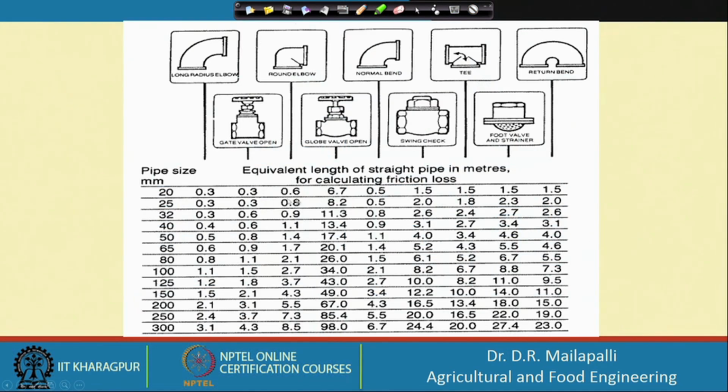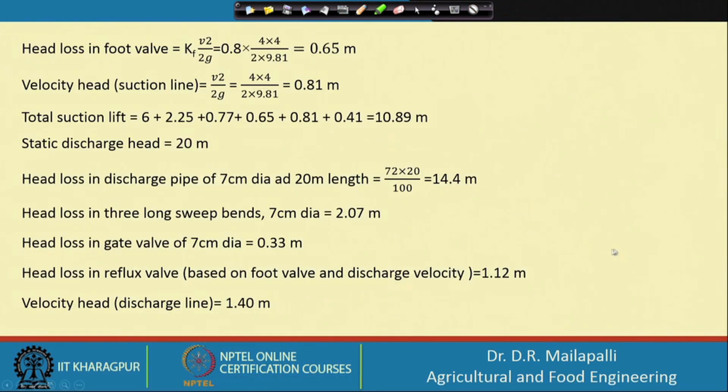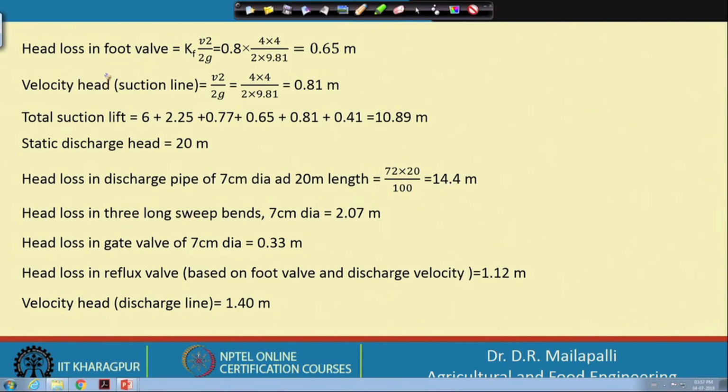Similarly for valves and for the long sweep bend: for a pipe size, find the equivalent pipe length, and then go back to the friction table and find the corresponding HF for this particular length. Now, head loss in the foot valve is this much; use the velocity head equation, V square by 2g, and you get this.